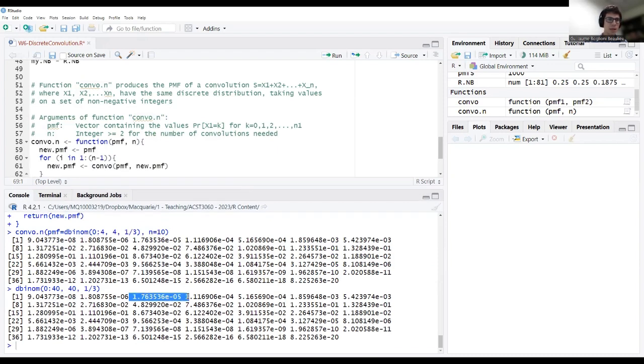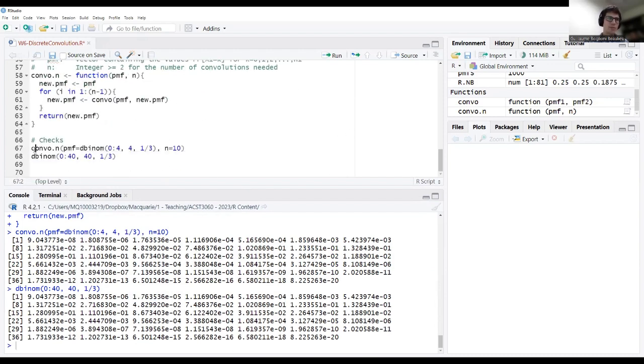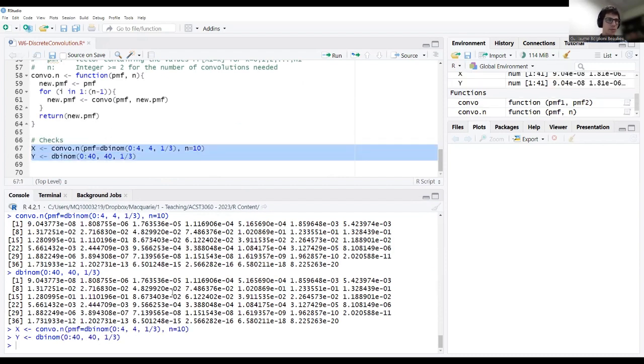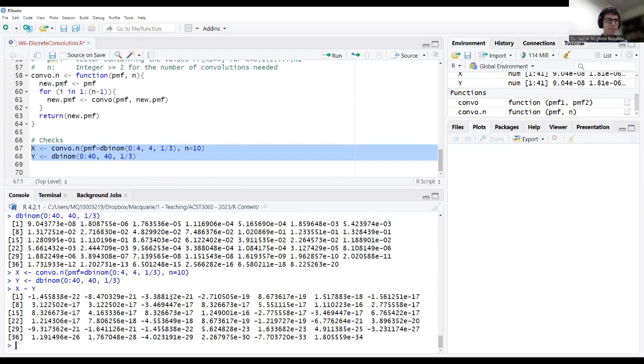Again, in principle, they should match exactly, but there's some rounding error going on in R that I'm unable to explain to you. If I call this X and I call this Y, and you take the difference between the two, element by element, ideally, I would have liked to see 0 everywhere. There's some, yeah, I don't know how to explain.